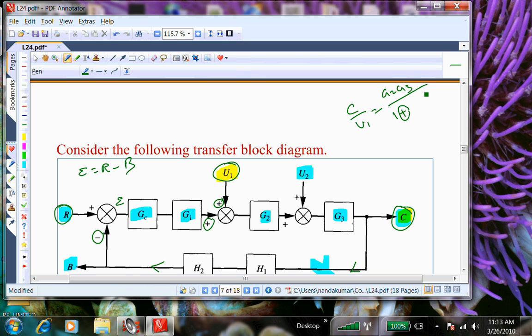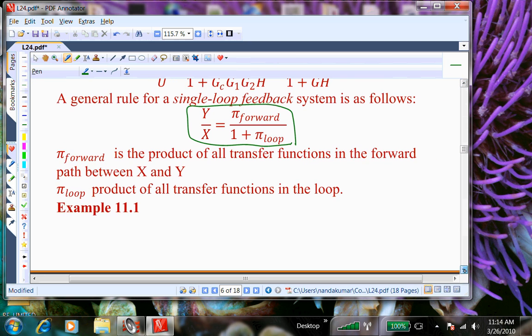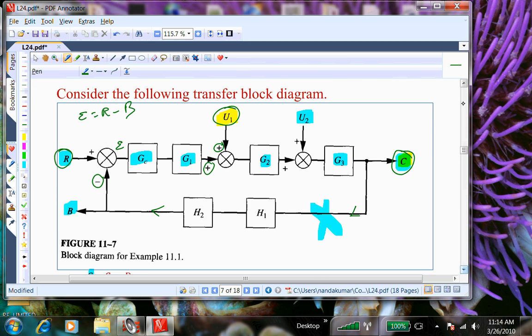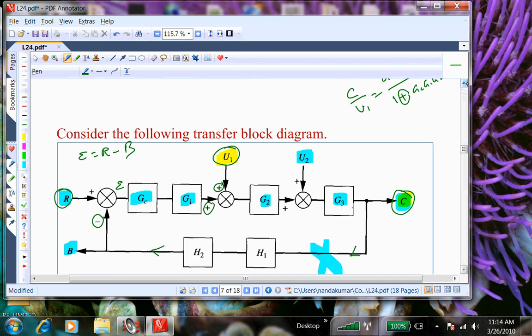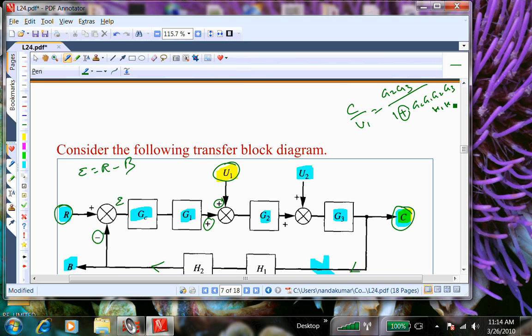Now in the denominator you're going to have the product of everything. Everything meaning GC, G1, G2, G3, H1, H2, the product of all of them.